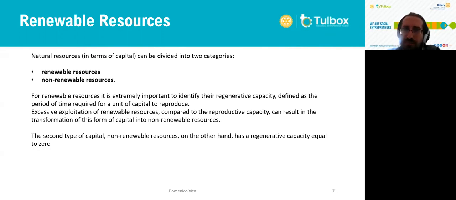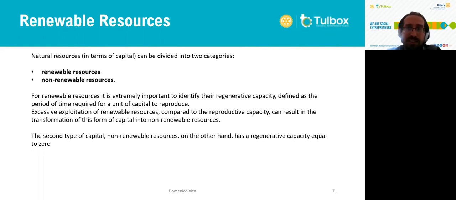Because if you consume the resources faster than the rate of regeneration, these resources are going to be exhausted. And so to deal with sustainability, we have to consider the correct exploitation of our capitals, we can say, capital of resources.